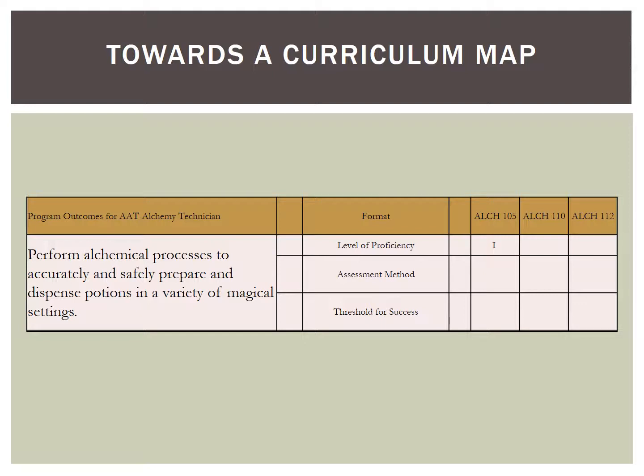In the next course, Alchemy 110, let's say that a student has to meet the outcome in a slightly more impressive way in order to finish the course successfully. We can indicate this by saying that the outcome is reinforced for that class, and let's designate that with an R. Finally, if Alchemy 112 is the last class that a student takes at Clark, which aligns with this outcome, then we are saying that students should show their greatest mastery of this outcome in order to succeed at that class. Let's designate this mastery level with an M.